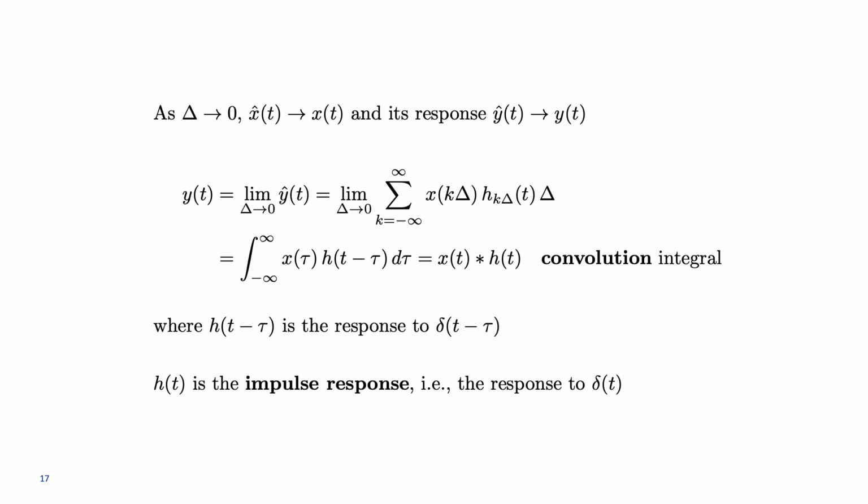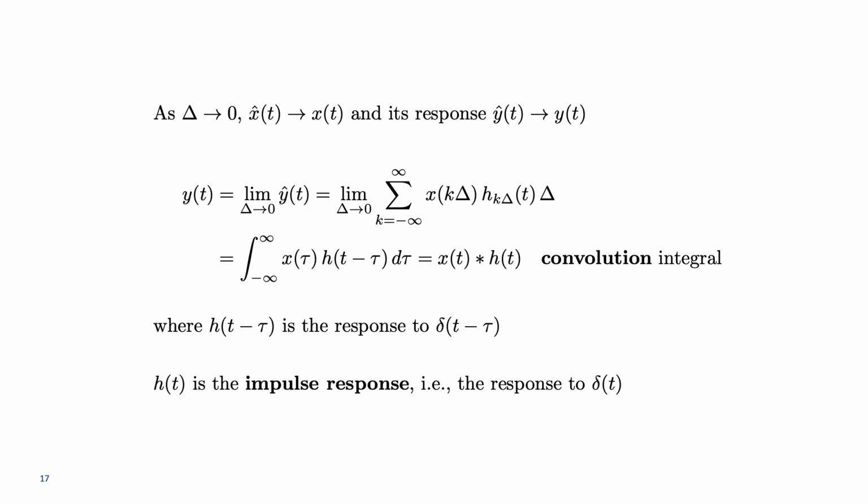If you remember, h k delta was defined as the response to an impulse of duration delta. Now we're making delta smaller and smaller. Delta is going to 0, so the impulse tends to a Dirac delta, the ideal impulse. And the corresponding response, h k delta, tends to h of t, continuous. So this h of t, in summary, is what we call the impulse response.